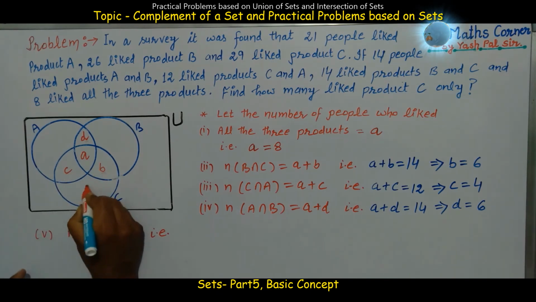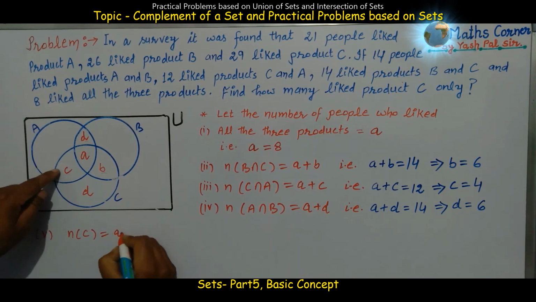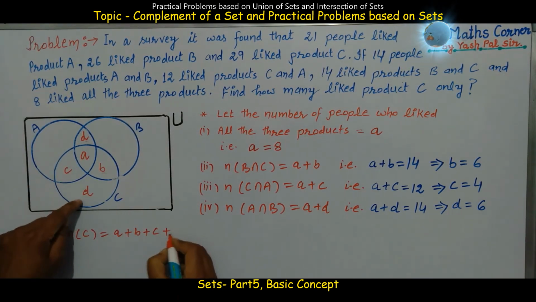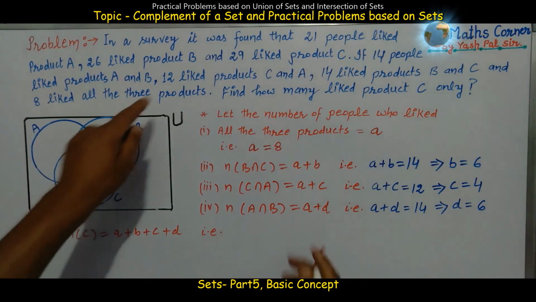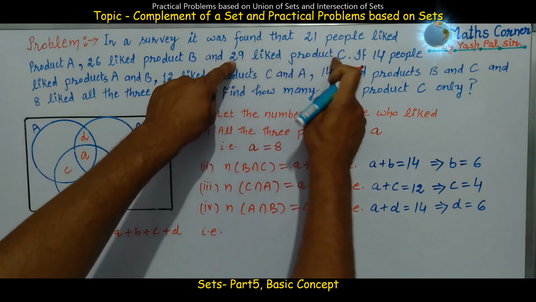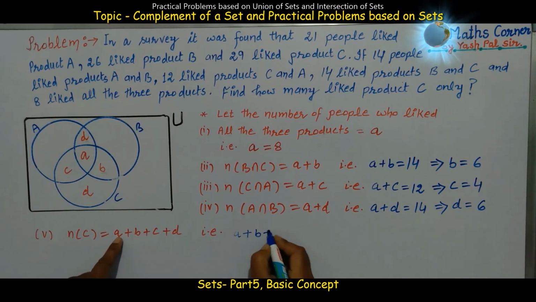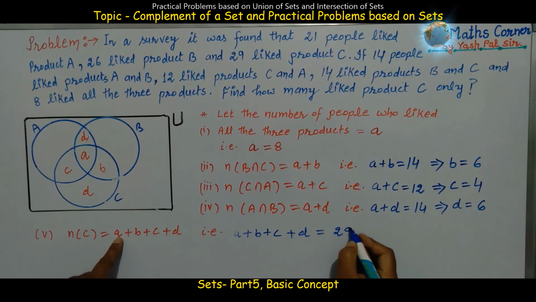Suppose this part is D, so we can write A plus B plus C plus D is equal to 29.